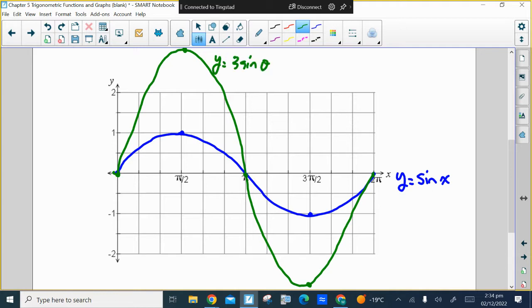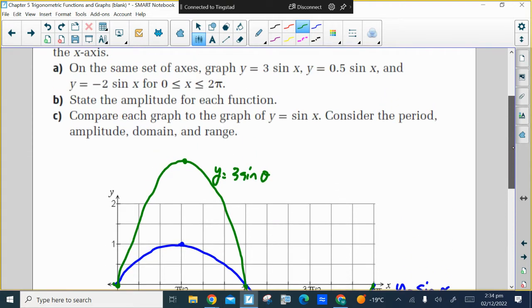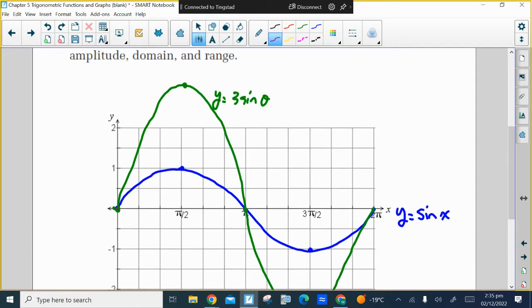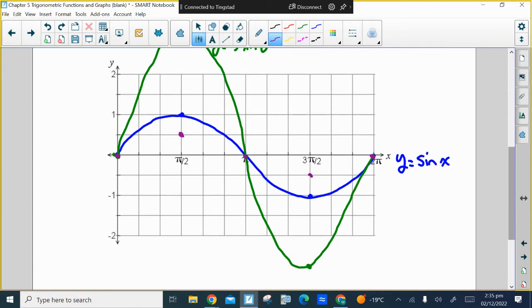So let's see if that pattern continues by graphing 0.5 sine x. So that means that you have an a value of a half, or 0.5. That's going to be a vertical stretch by a factor of a half. You're going to multiply all the y values by a half. Again, the x-intercepts will be invariant. It's just the maximum of 1 will be half of that, and the minimum of negative 1 will again be half of that.